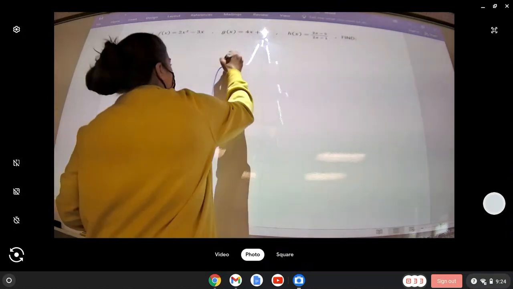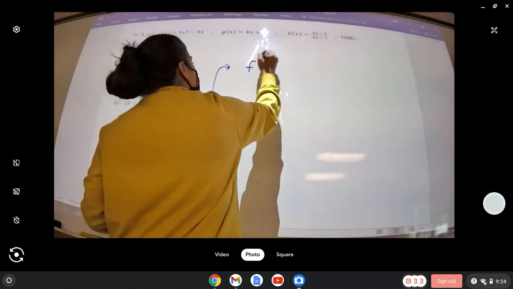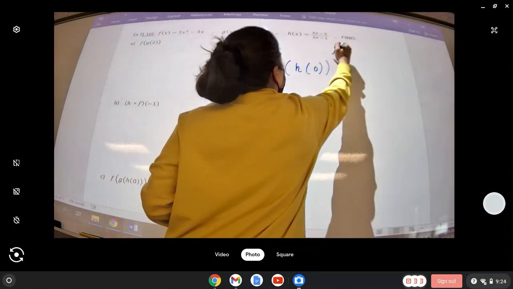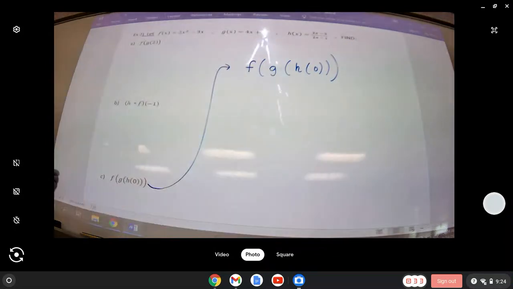Just gonna move it up here. Starting by plugging 0 into that first inside function.